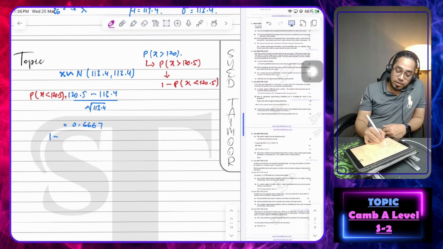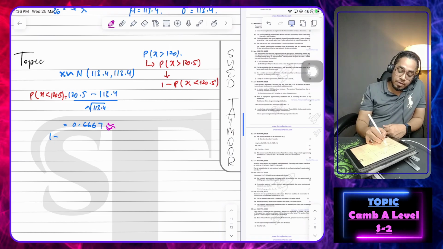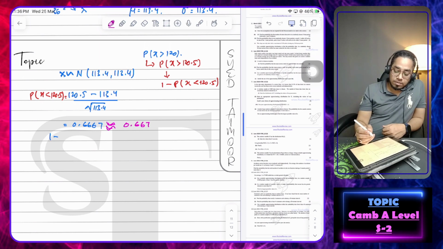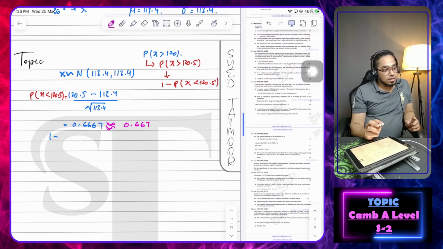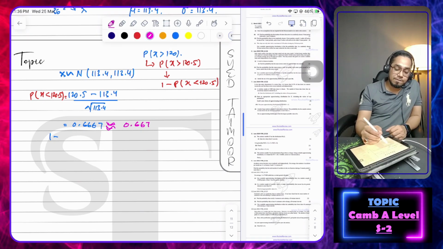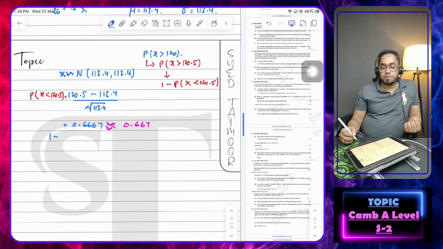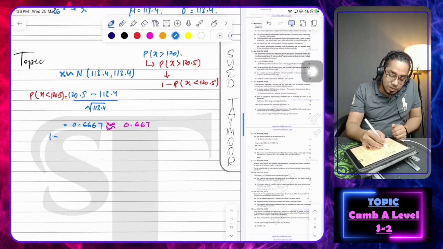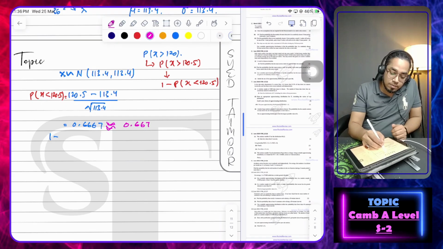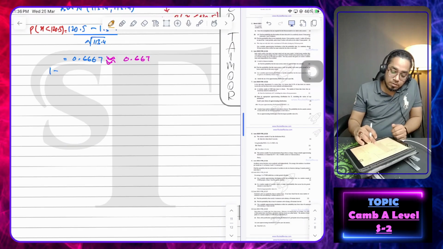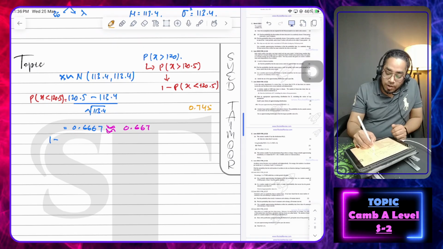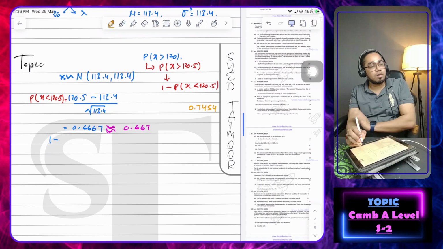Can you figure out the probability by checking the table? 0.667. This one. 0.626. 0.7454. Okay.